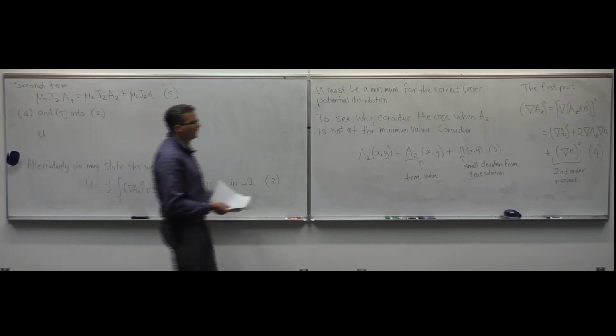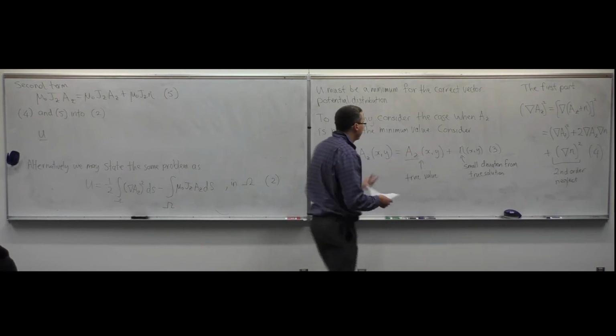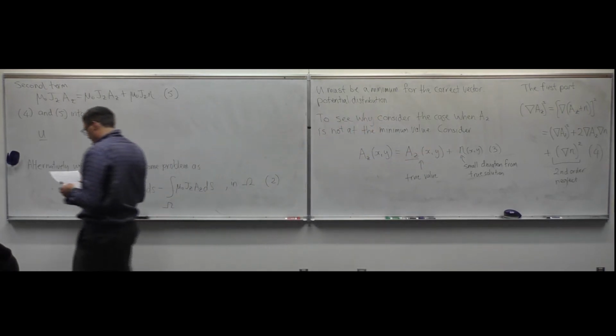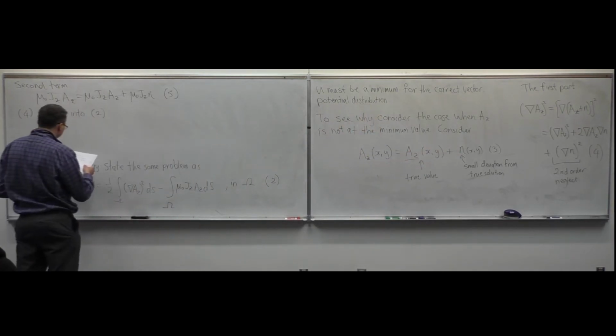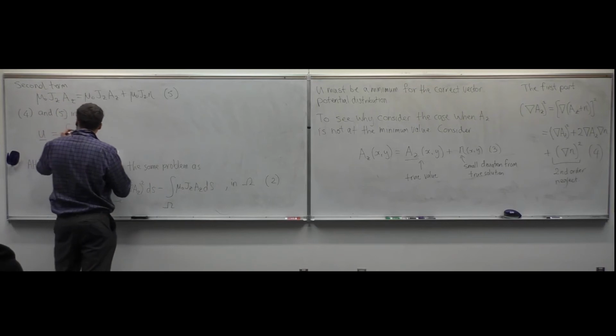Another name for this is a perturbation. So if we put 4 and 5 into 2, then we have this equation here.